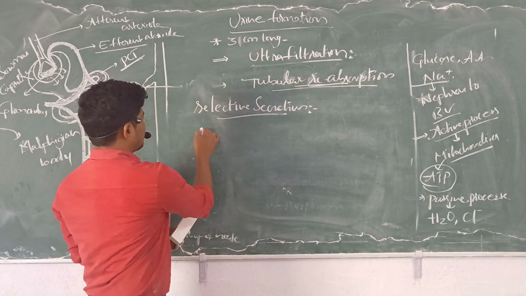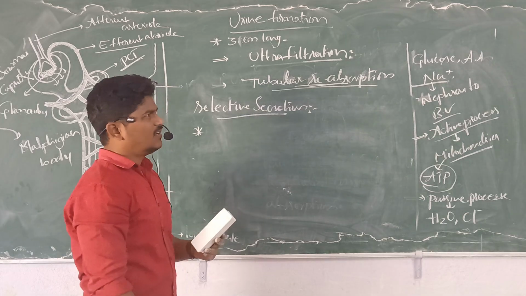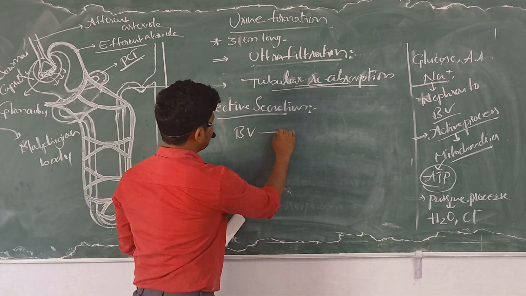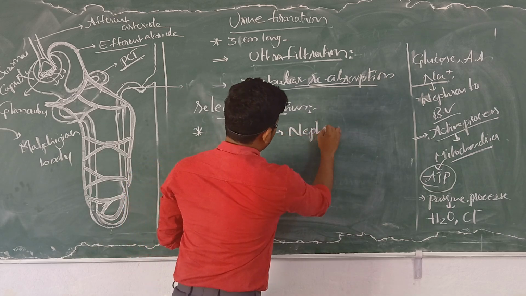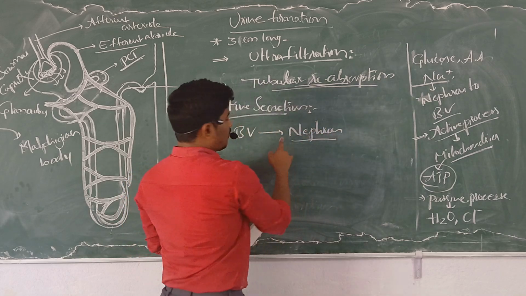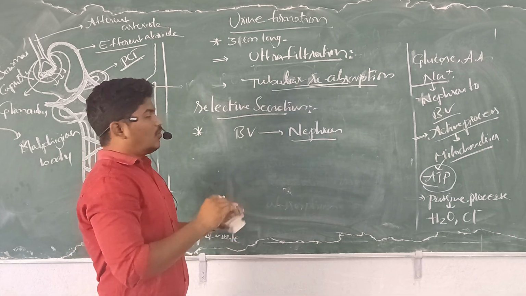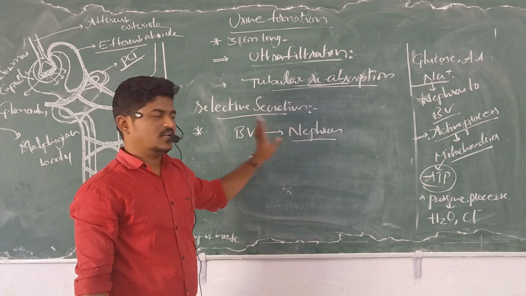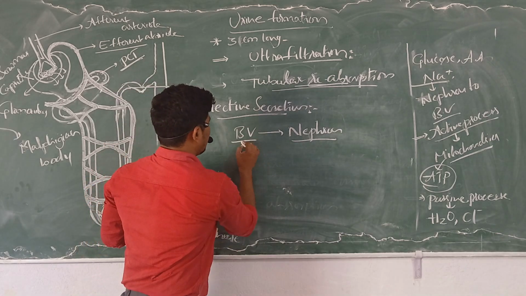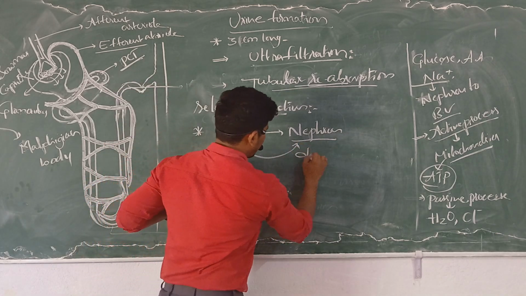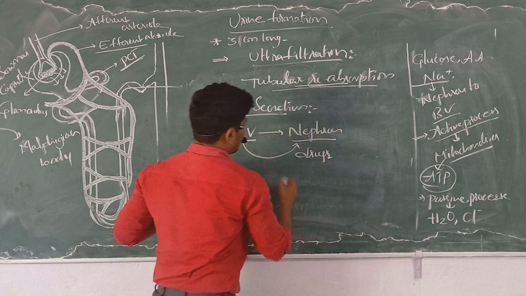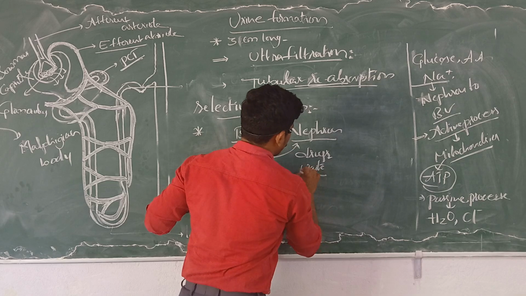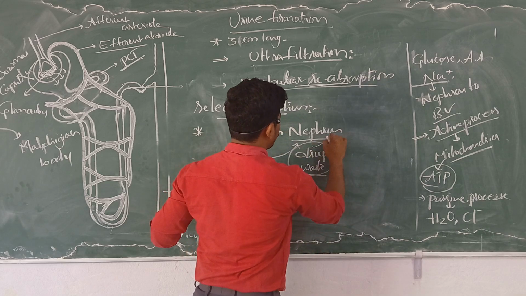Secretion, as we already discussed, is from the blood vessel to the nephron. Substances that are not required for our body are transported from the blood vessel to the nephron here. Those are nothing but a kind of drugs and a kind of waste. These are separated into the nephron part.